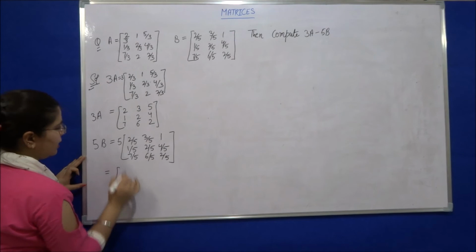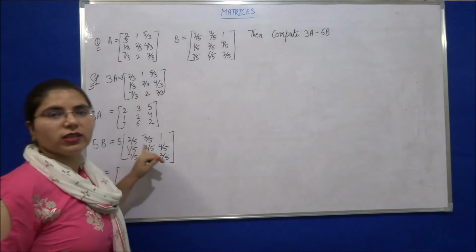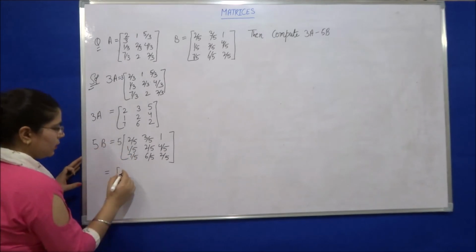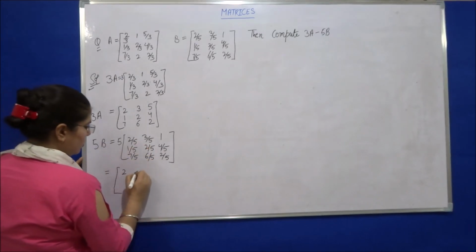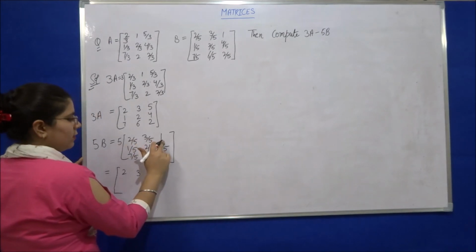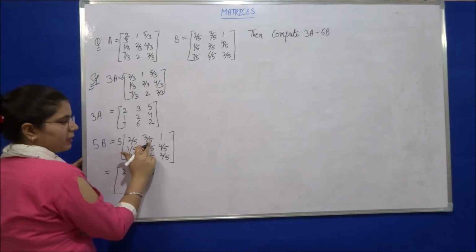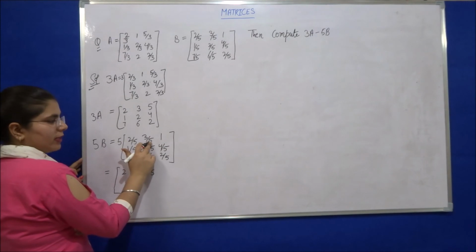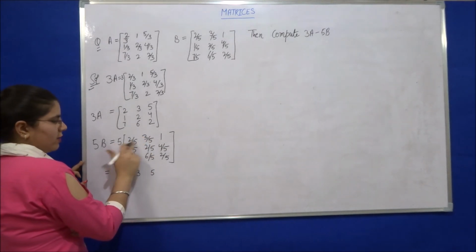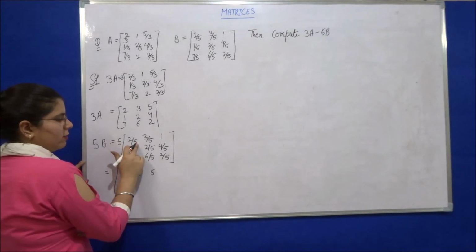So multiply each element of the given matrix with the number 5. So 5 multiplied by 2 by 5 will be 2, 3, 5. 5 multiplied by 1 will be 5. 5 multiplied by 3 by 5 will be 5 and 5 get cancelled. We obtain 3. 5 multiplied by 2 by 5, 5 and 5 will be cancelled.